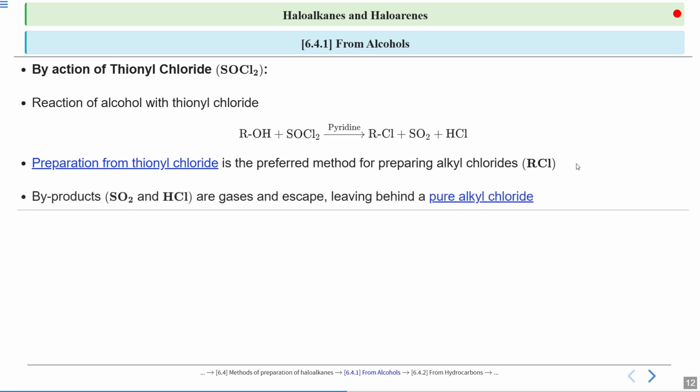Because the byproducts that you are getting here, that is SO2 and hydrogen chloride, are both in gaseous form and they escape from the reaction mixture, leaving behind only the pure alkyl chloride. You don't have to purify it even more. Okay, so this preparation of alkyl chloride from the reaction of thionyl chloride with alcohol is the preferred method for the preparation of RCl alkyl chlorides.